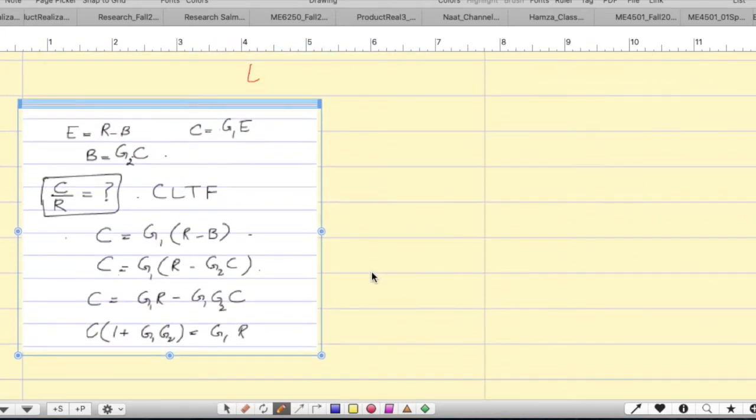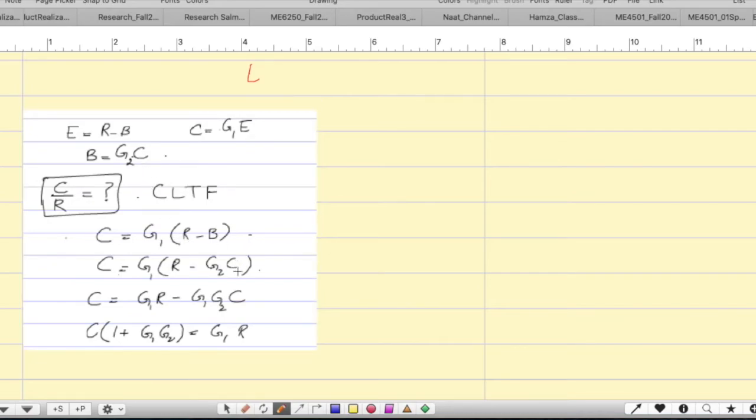So this has been written here. C is equal to G1 times E. This whole bracket is E. And then B is equal to G2 C. So what is my C over R? C over R is G1 over 1 plus G1 G2.